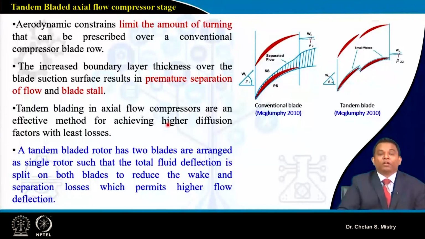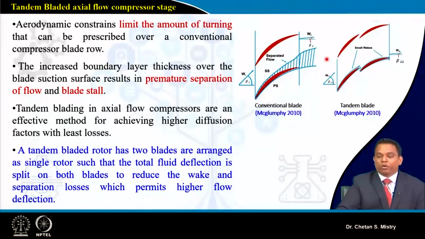Now as I told, we have a limitation because of high turning, and because of that high turning there are more chances of the flow separating. To avoid that kind of separation, we are discussing the tandem bladed configuration. What we are looking at is arranging our aerofoils in a systematic way.